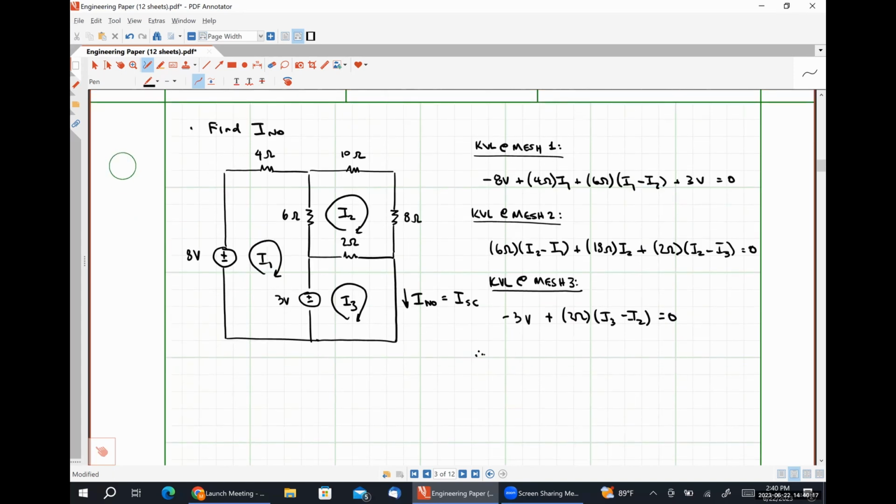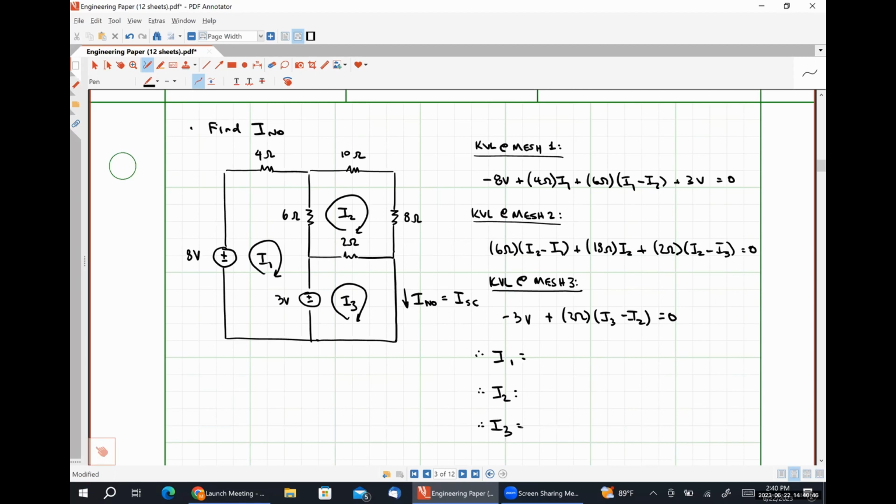Solving this system for I1, I2, and I3. Give me a moment to throw this in the calculator. So now we have a 3x3 system. My coefficient for I1 is 4 plus 6 is 10. My coefficient for I2 is -6. My coefficient for I3 is 0.